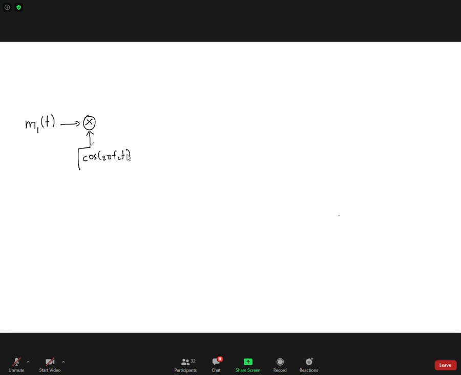So cosine 2 pi fct, and then they usually show that this is shifted by pi over 2, and unsurprisingly, this is the Hilbert transform.